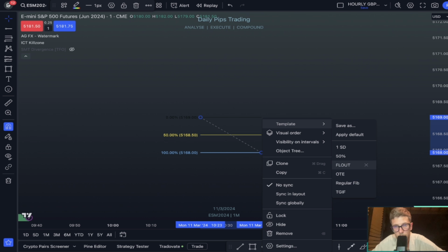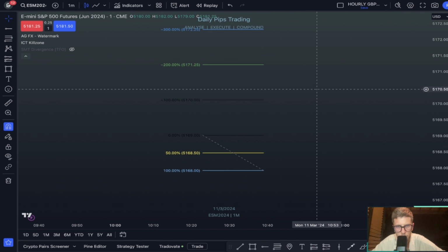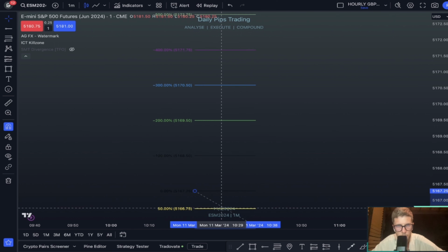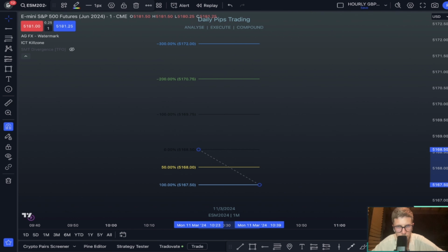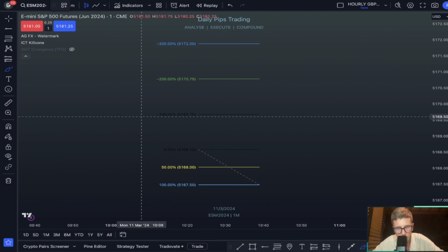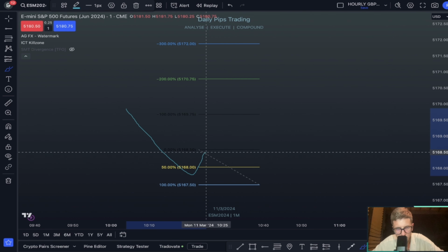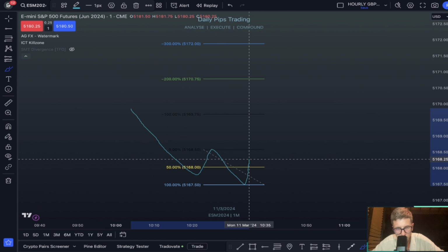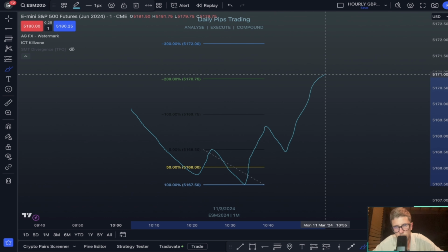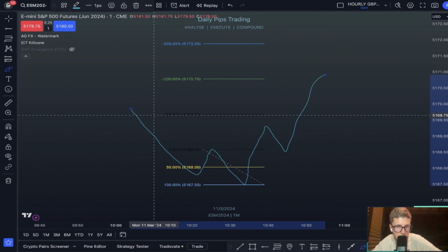self-explanatory. Flout is something that I use for measurements and scaling targets, right? So if I have something, let's say this, that I want to play with, I want to see where I'm scaling off, right?